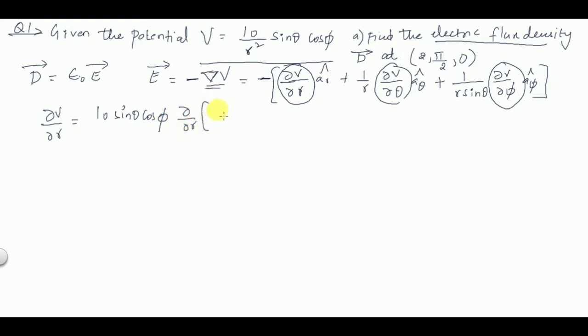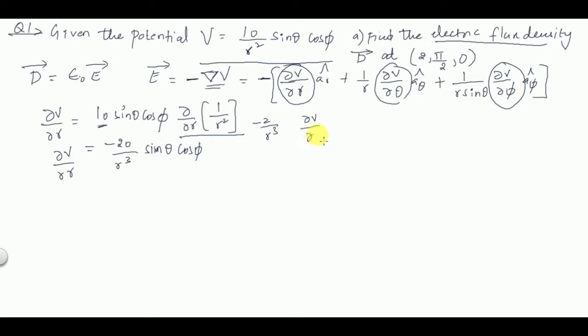Dou by dou R of 1 by R square is minus 2 by R cube, so minus 2 into 10 is minus 20 by R cube sin theta cos phi. This is dou V by dou R.